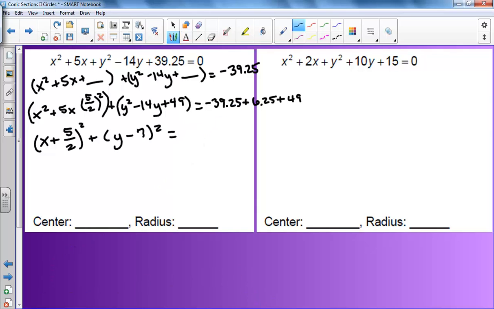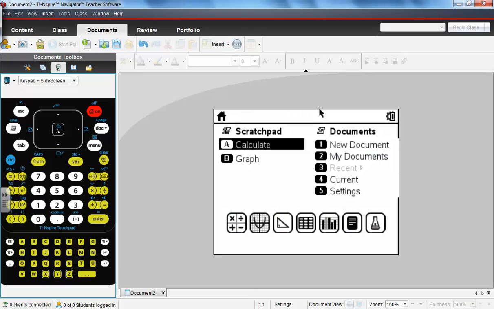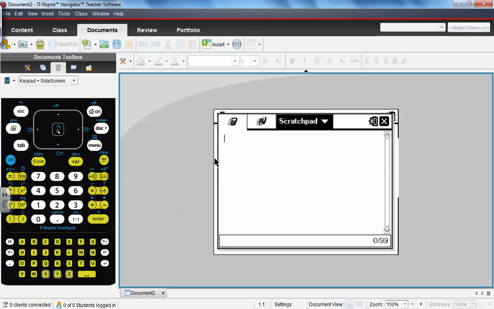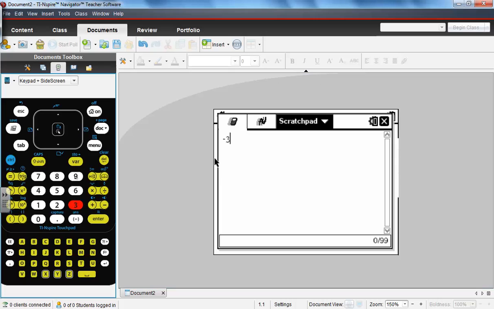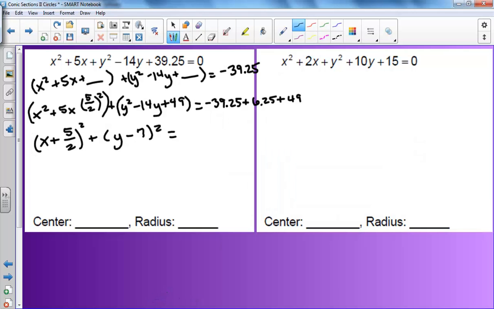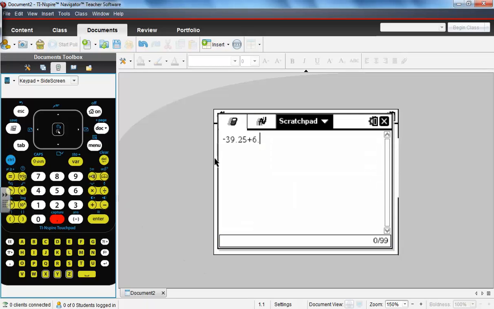And then I don't remember off the top of my head what this turns out to be, so let's calculate that really quickly. So negative 39.25 plus 6.25 plus 49 is 16.